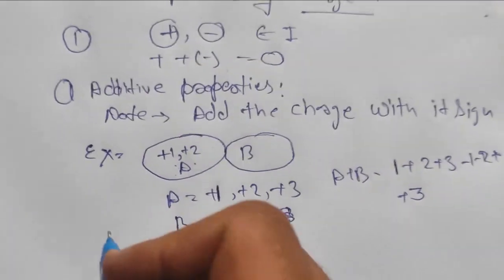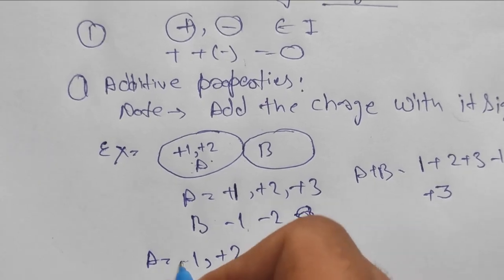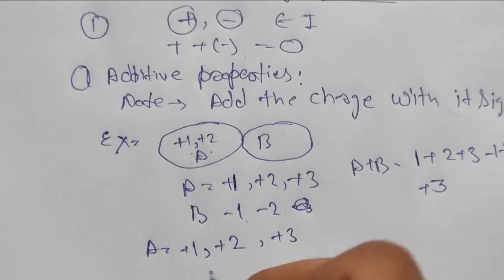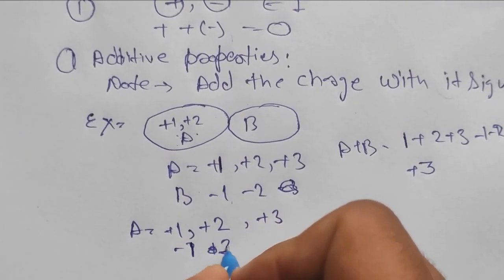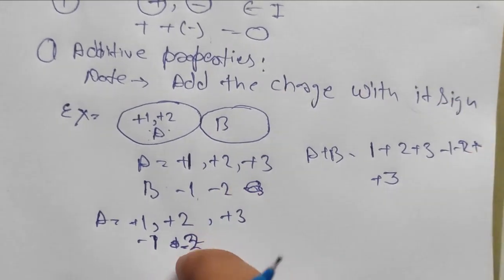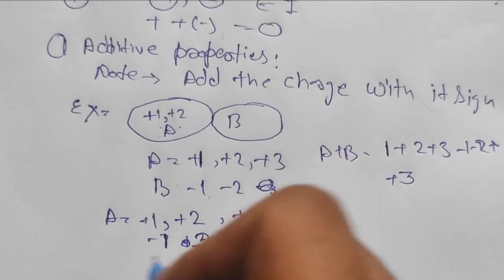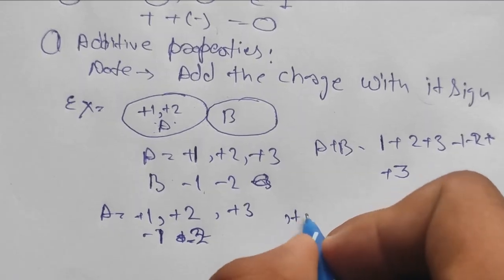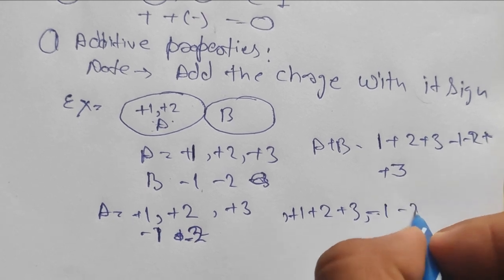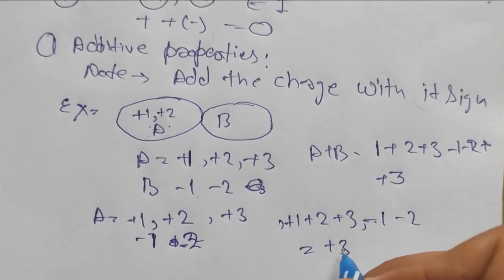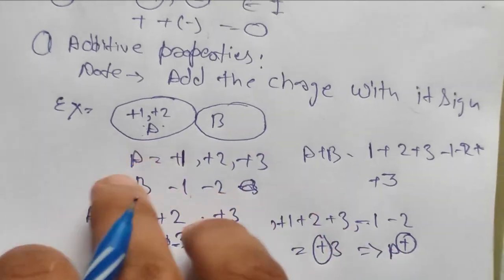If I do it separately, A has plus 1, plus 2, plus 3, and the negative charges minus 1 and minus 2. You simply add them all up, and together we get 3, a positive value. That means A is a positive number, and similarly with a negative number.